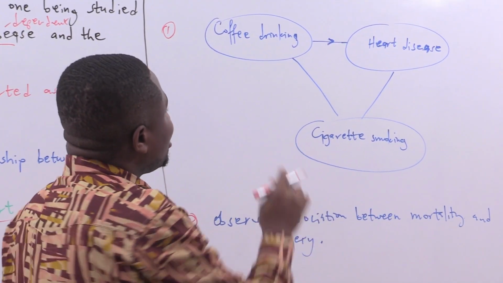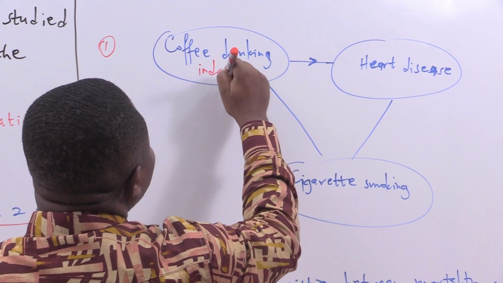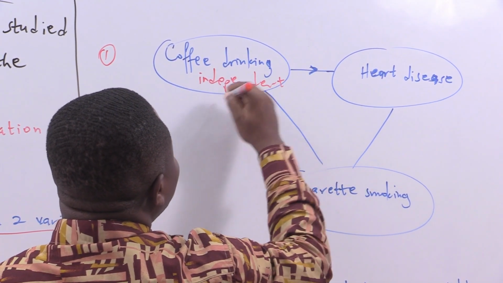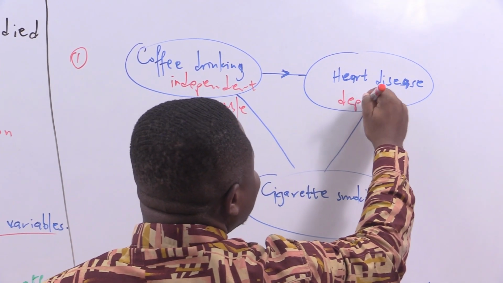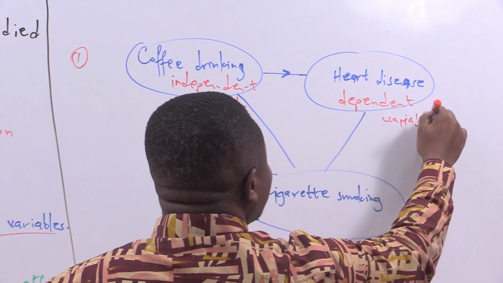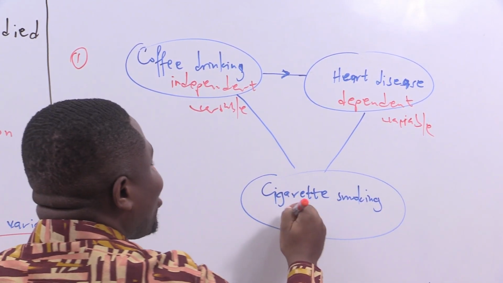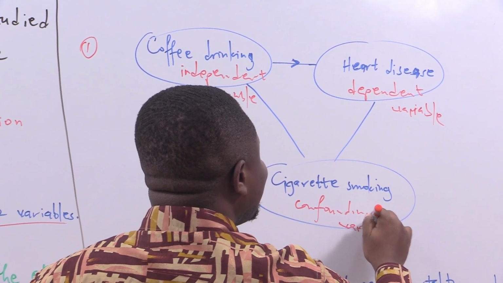So we'll take it this way. Coffee drinking here will be our independent variable, and heart disease will be the dependent variable. That's the disease. The disease is always the dependent variable. Then cigarette smoking here will be our confounding variable. Now let's explain.